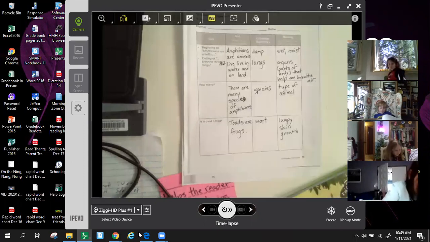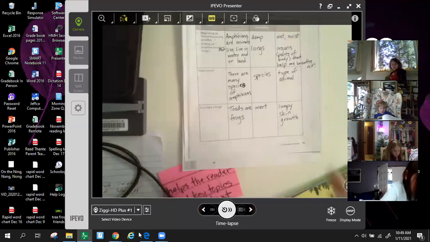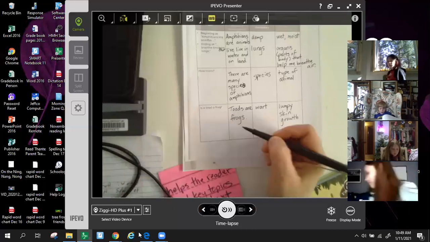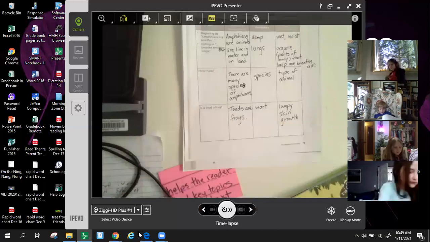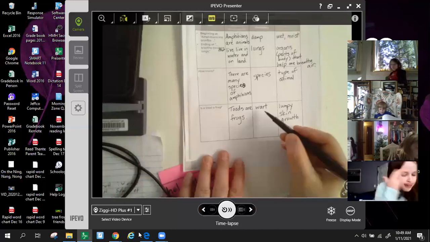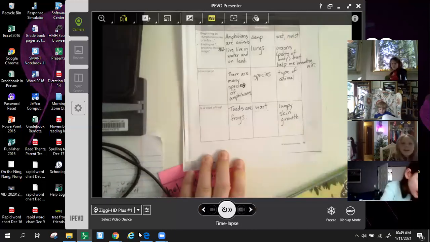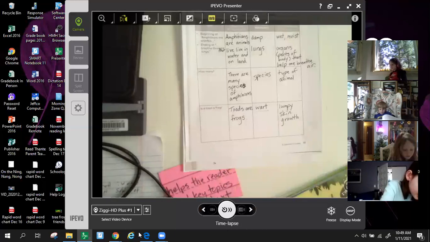Then we went on to the next section where it says, is a toad a frog? Basically the whole section was to tell us that toads are indeed frogs, right? And the word we came up with was wart. We know that frogs have warts. Humans can get warts, but we just said it was a lumpy skin growth.